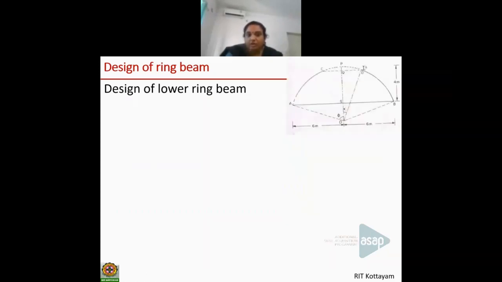Now, how to do the design? At this point, the meridional thrust will be tangential to the surface, which obviously will have a horizontal component and a vertical component. The vertical component will directly go to the structure in the downward direction, whereas we need a structure to take care of the horizontal component.